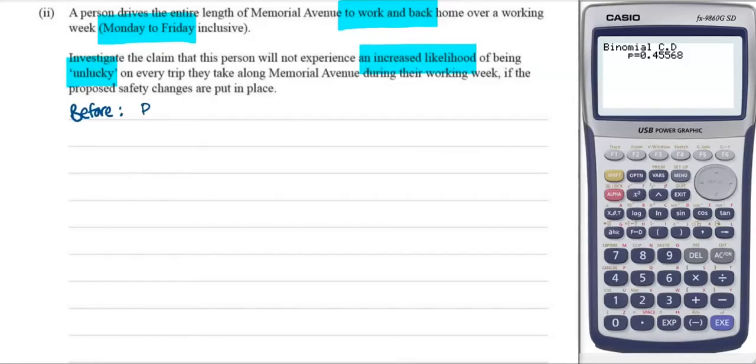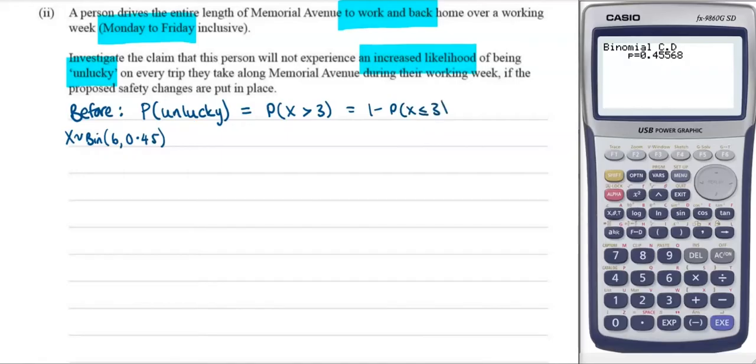So before, let's look at the probability of unlucky. And that means that they had, remember the before was we had a binomial distribution with 6 and the probability was 0.45. To be unlucky, it's the probability that we get stopped more than 3 times, which is 1 minus the probability that x was less than or equal to 3.